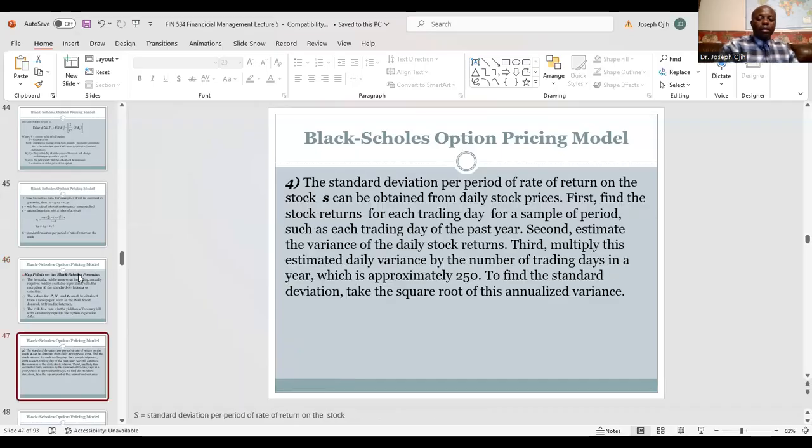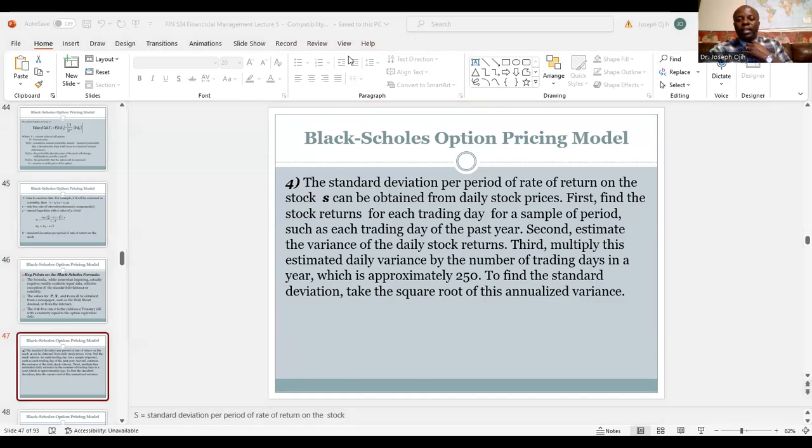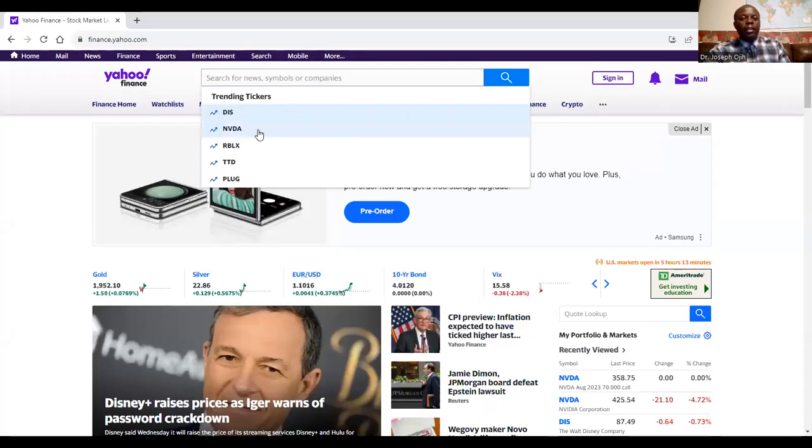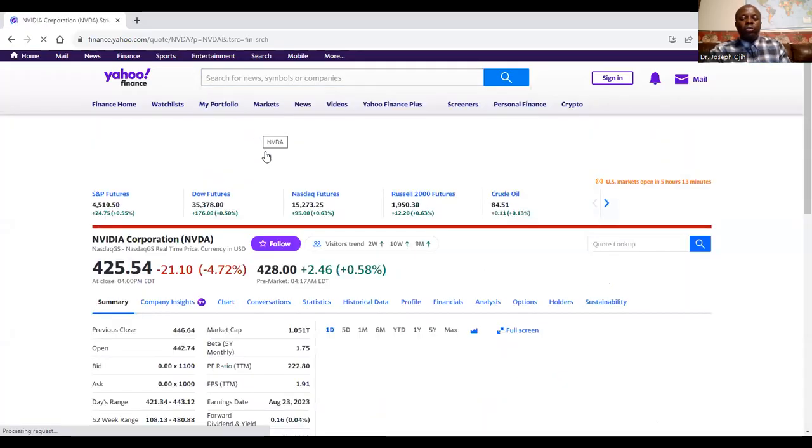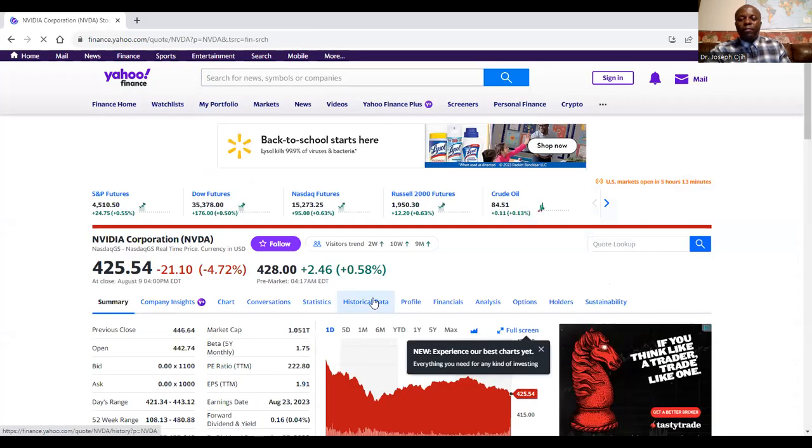Then the standard deviation, of course, I showed you already how to calculate it in my previous lectures. You can get it by going to the underlying asset itself, which is NVIDIA. When you go there, you can look at the historical data, that is the various prices over a period of time.